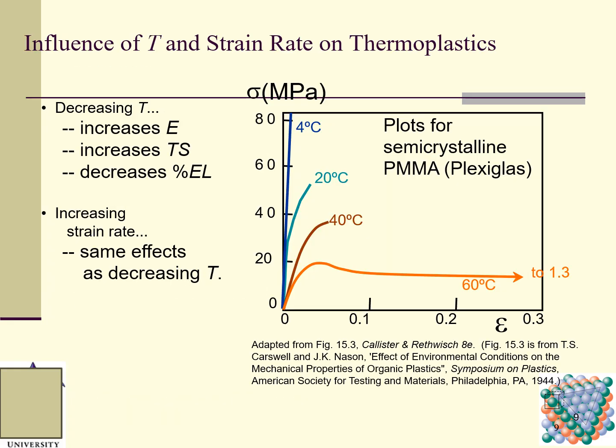And then we talk about the influence of temperature and strain rate on thermoplastics. We talk about thermoplastics and also thermosets, and sometimes we can be confused, especially beginners who just learned this. For thermoplastics, you can just remember plastics. Plastics means that when we heat it, it will deform, it will soften.